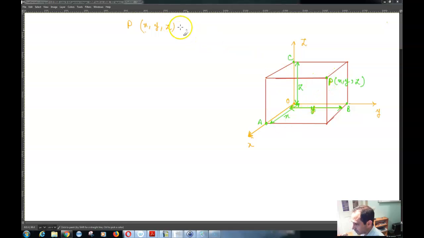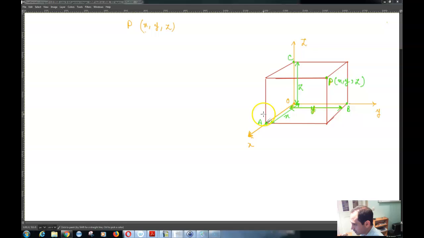But when you know the process that you need to go through in order to locate this point P, you can locate the point A along the line OX, then locate the point C along the line OZ, and locate the point B along the line OY. Then through this point A, you need to draw a plane parallel to the YZ plane. Through this point B, you need to draw a plane parallel to the XZ plane.